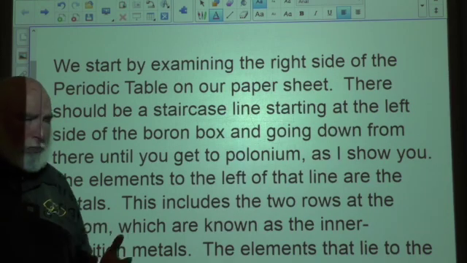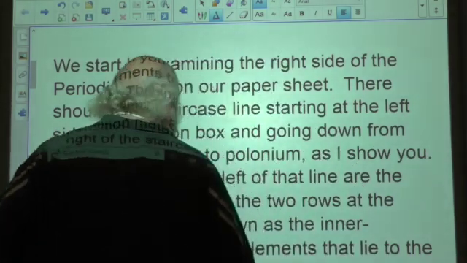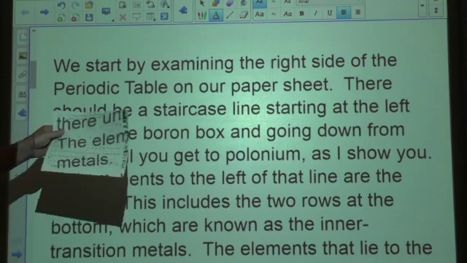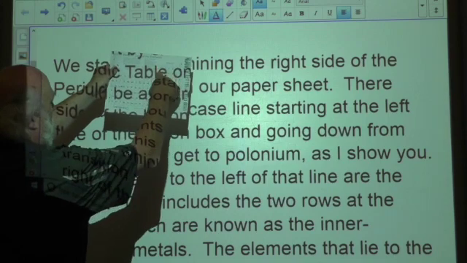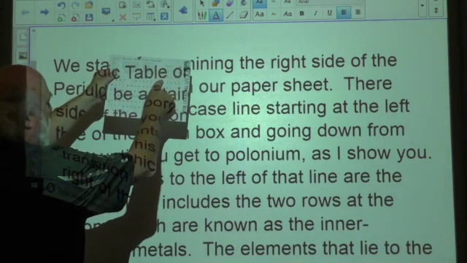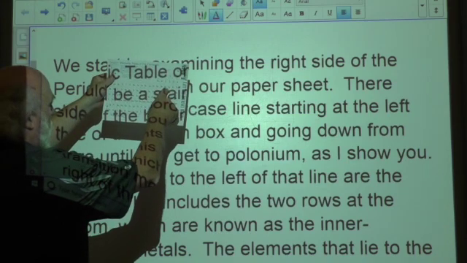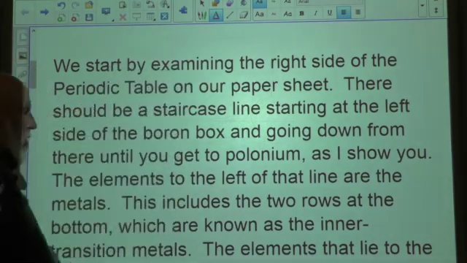So if you have your paper sheet, and I picked the paper sheet because you can draw on it as opposed to getting it online. But the paper sheet that you have, which looks like this, there's a line right here: boron, aluminum, silicon, germanium, arsenic, antimony, tellurium, polonium, and then astatine.